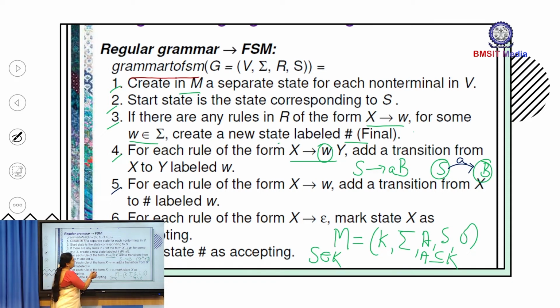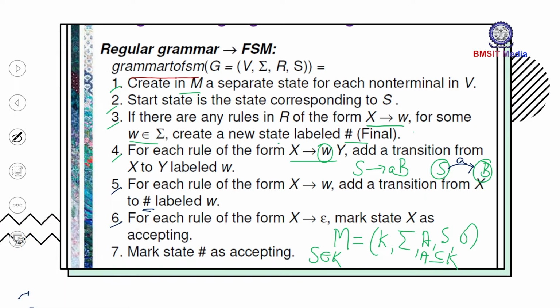So for example, X tends to A. Add a transition from X to hash labeled W. This is almost like accepting the string. The next step is, for each rule of the form X tends to epsilon, mark state X as accepting.